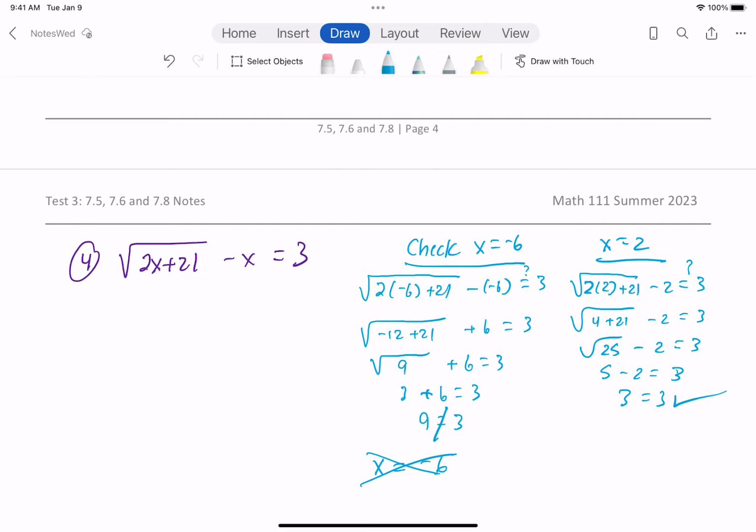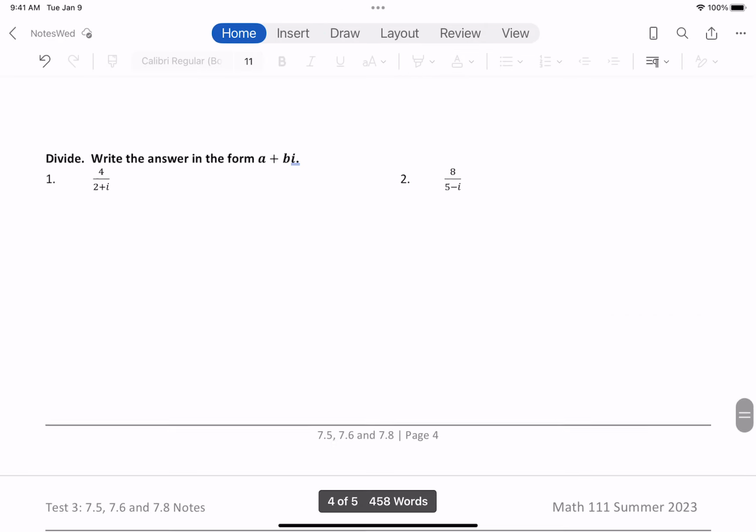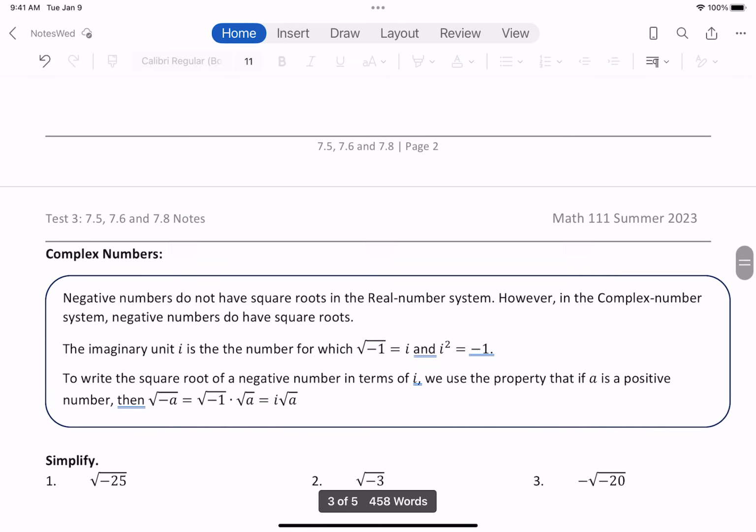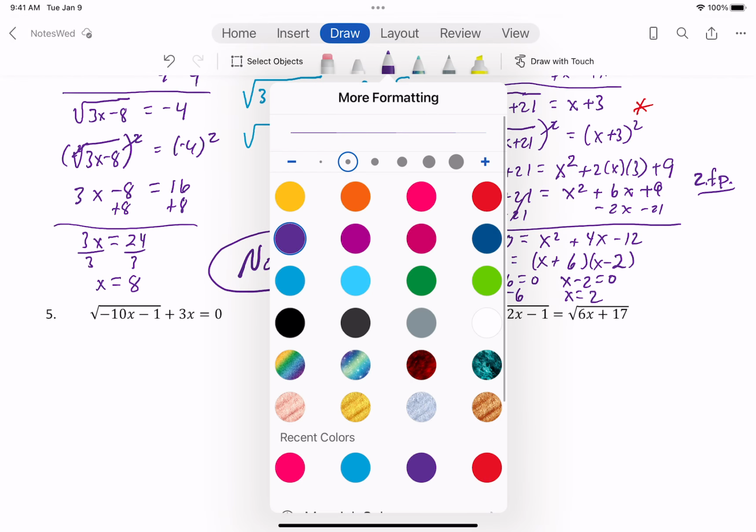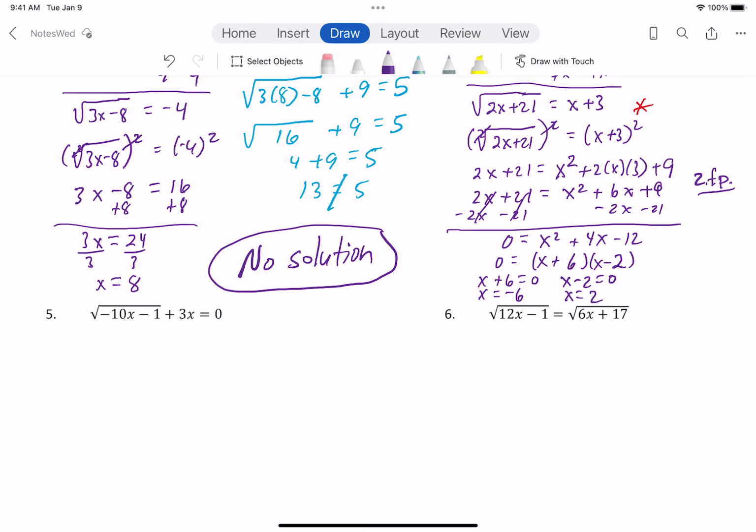So x equals 2 is a solution. So at my problem up here, this one does not work. So the answer is x equals 2, or you can write it this way. Okay?